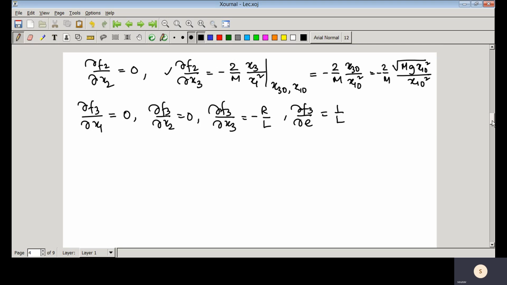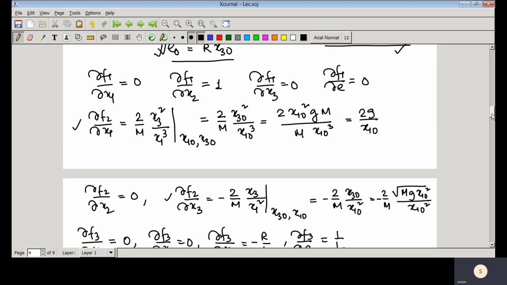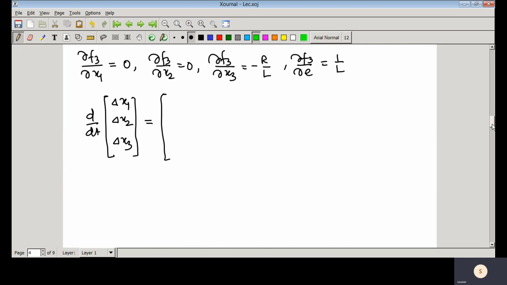Now we can write the linearized system. It is d/dt of the three state variables del x1, del x2, del x3. The first row is del f1 by del x1, del f1 by del x2, and del f1 by del x3, so 0 1 0.